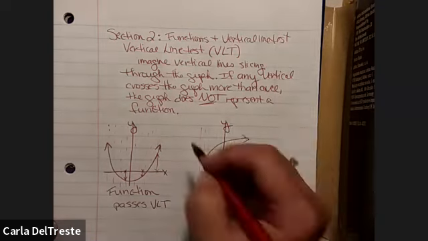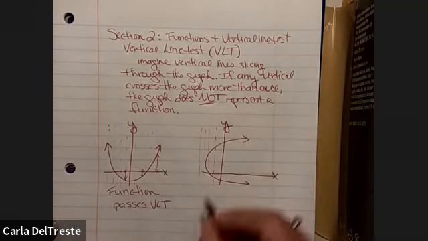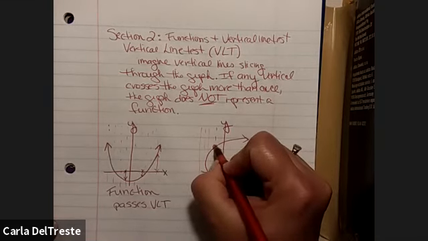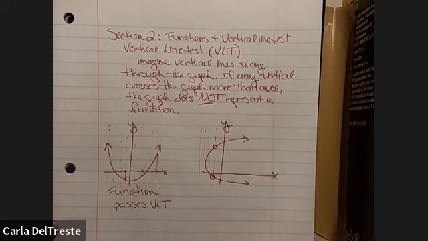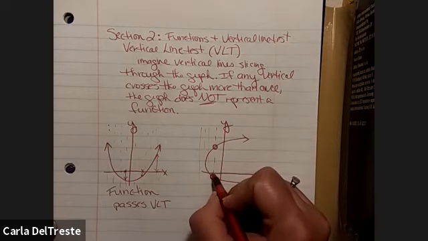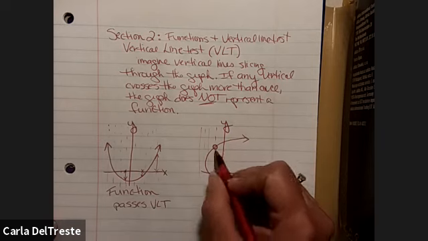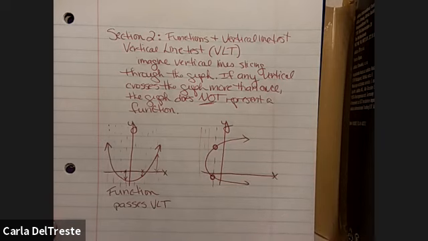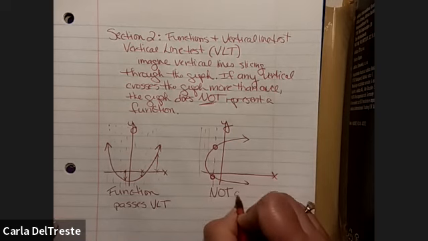Well, let's take one of them, for example, okay? If I take this vertical line, I cross the graph here, and I cross the graph here. I failed the vertical line test because this particular input has two possible points on the graph. That's not allowed. And so this is not a function.